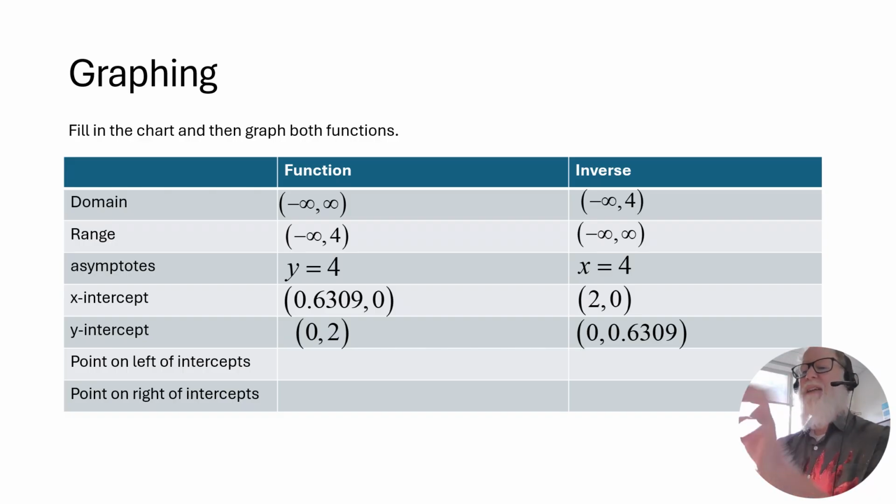And then just for graphing, I have this suggestion: pick a point on the left side, on the right side, and the X value that you choose is based on what you've got here. So basically, I need something negative and something positive, and I picked something kind of in between.